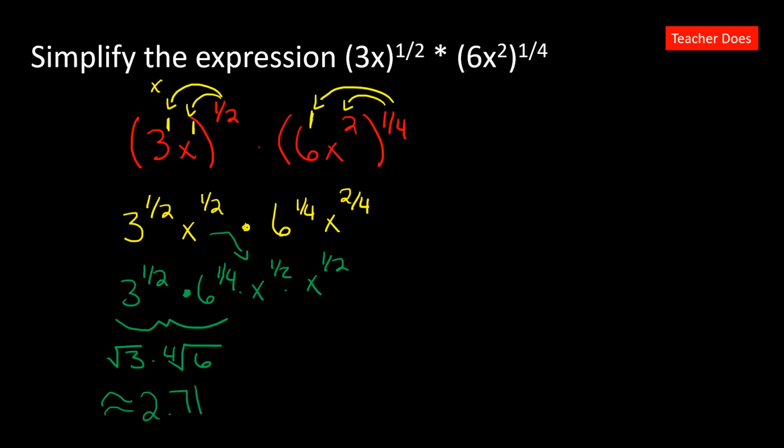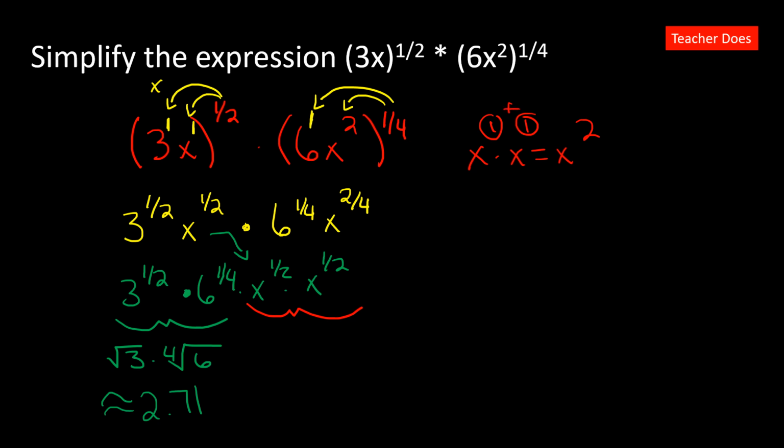Now over here with these x's, what happens is we are multiplying x to the 1/2 times x to the 1/2. It's like multiplying x times x, and you know that x times x equals x squared. Why was that? Well, you took these exponents and added them.